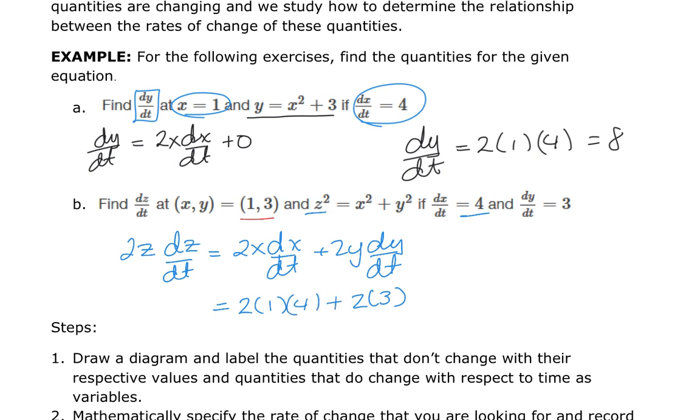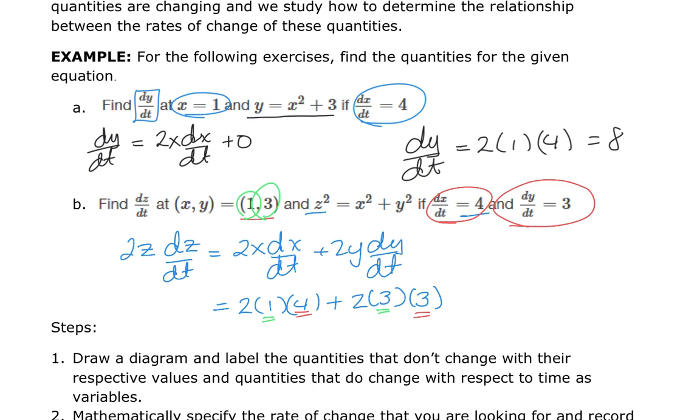And I have a replacement for dy dt, so I've replaced dy dt with 3, I've replaced dx dt with 4, x with 1, and y with 3. I don't have anything for z. Well, that's okay. I can find z.